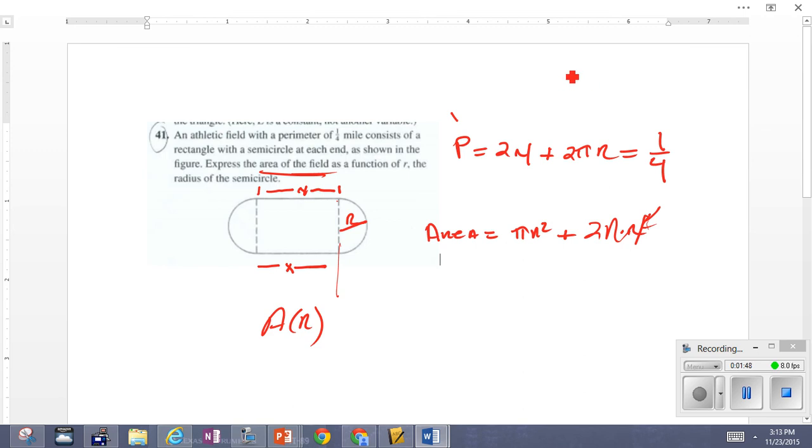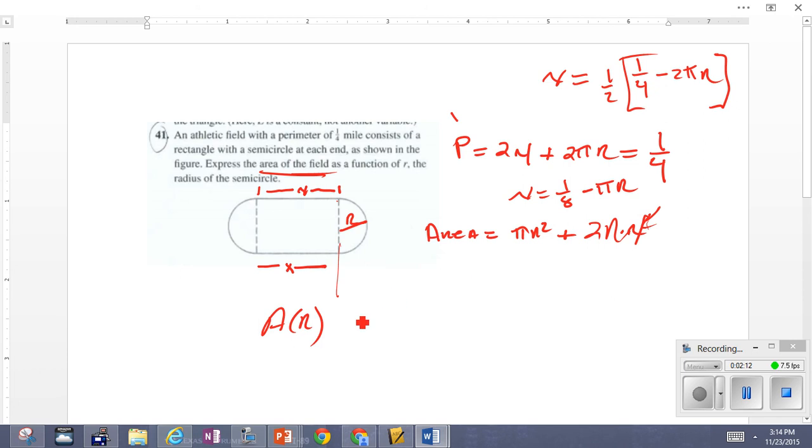We should agree then x is going to equal 1/4 minus 2 pi r, and a half of that. So we're getting x equaling 1/8 minus pi r.